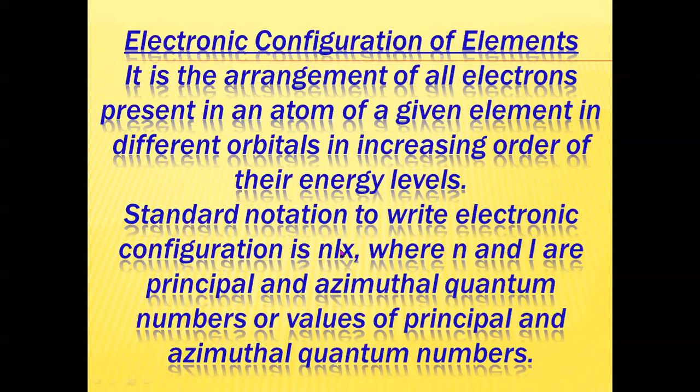According to the value, we write the sub energy level or orbital here, like s, p, d, f. And x is the number of electrons present in that sublevel, like 0, 1, 2, 3, etc. An orbital can have 0 electrons, meaning it is empty, 1 electron, half filled, 2 electrons, completely filled, like that. So it is the standard notation, nLx.